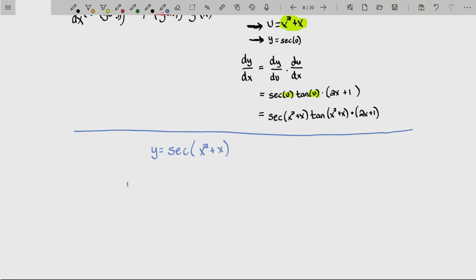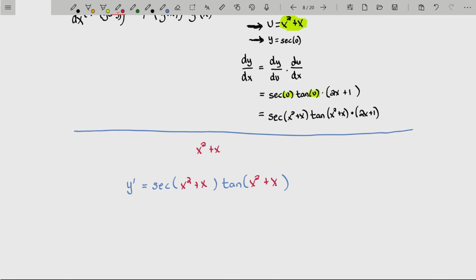So y prime will equal, derivative of the secant is the secant tangent. And in fact, let me use a different ink for the interior. I'll use just red for now, x squared plus x. So I have taken the derivative of this outermost function. It's gone. Remember, you have to still insert the argument inside here, by the way.